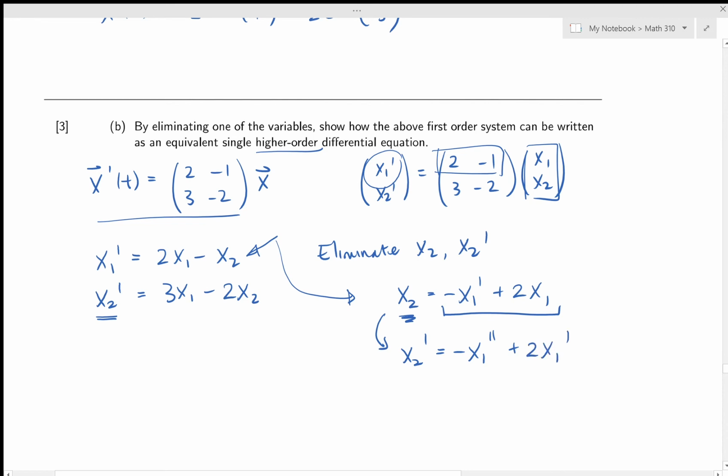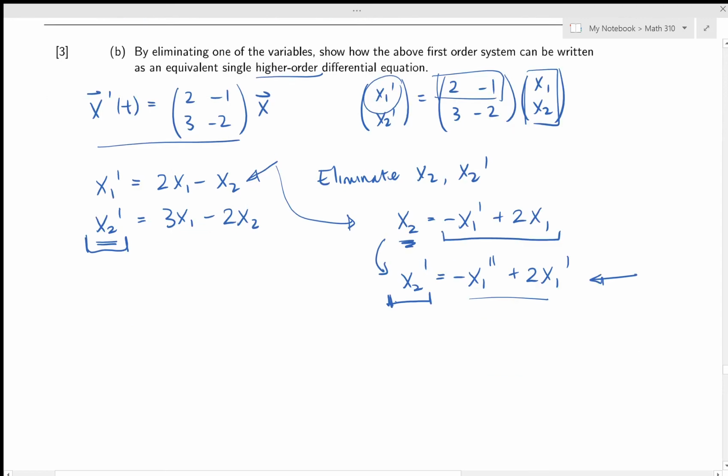Here I have x2 prime, and here I have x2 prime, so I can use this to get rid of the x2 prime on the left hand side.